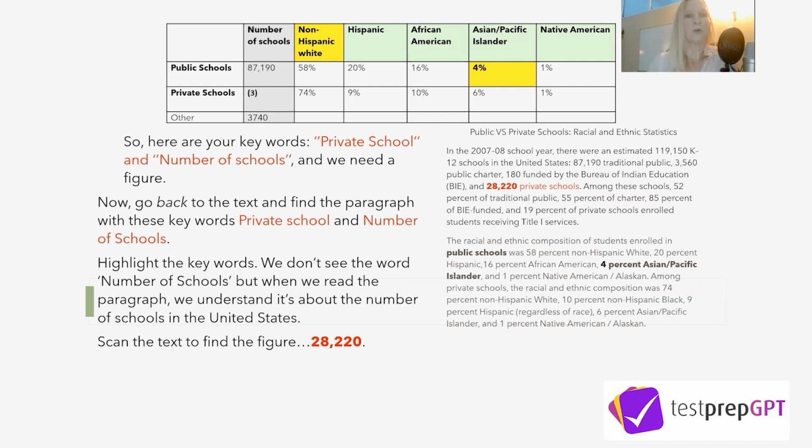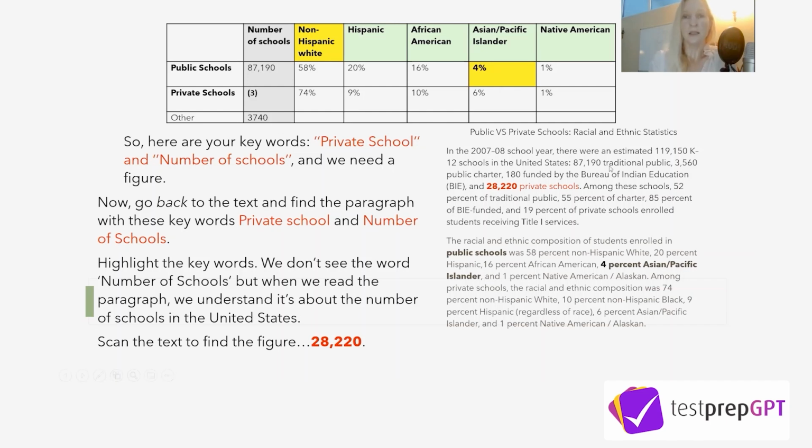So now we're going to scan the text. In the 2007-2008 school year, there were an estimated 119,150 K-12 schools in the United States, 87,190 traditional public, 3,560 public charter, 180 funded by the Bureau of Indian Education, BIE, and 28,220 private schools.